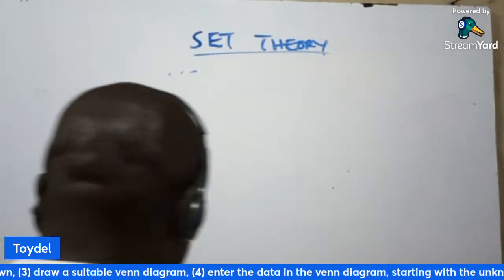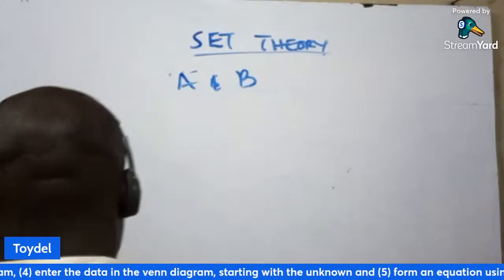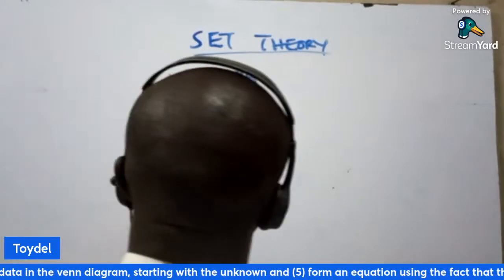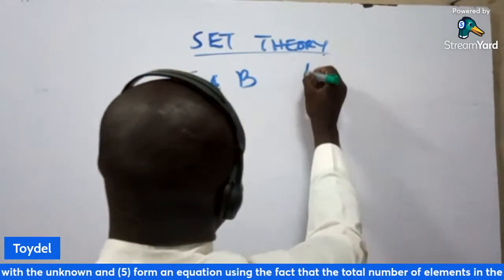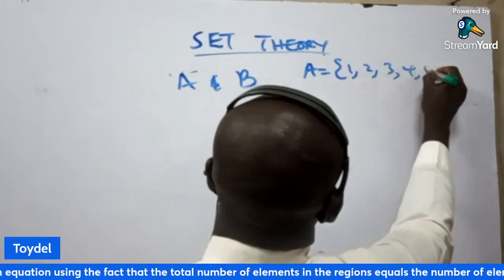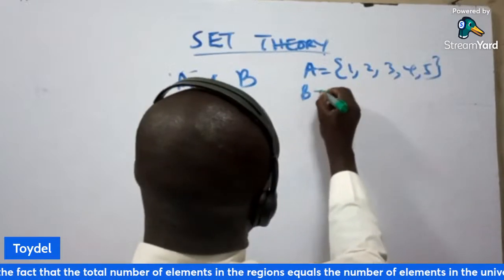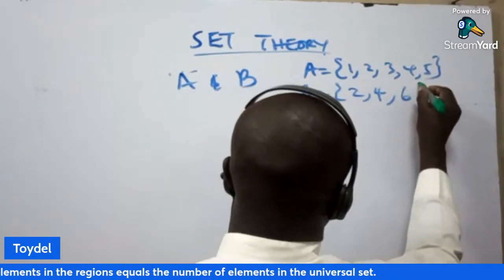For instance, if you have two sets A and B, and you have to represent this in a Venn diagram, let's make some definition. Let's say A is equal to 1, 2, 3, 4, 5, and let's say B is equal to 2, 4, then let's say 6.